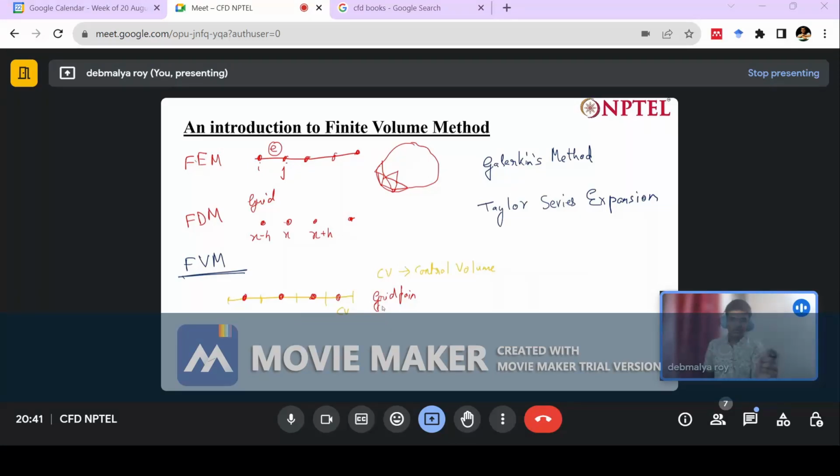The discretization here being a control volume, we have it at the middle, at the centroid of the control volume. And what is the principle that this method is based on? This is also very different from the others. This is based on conservation law.